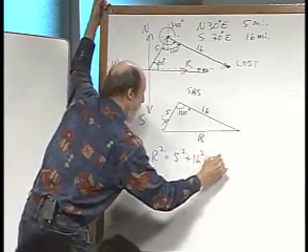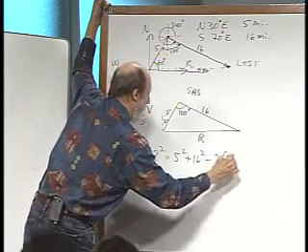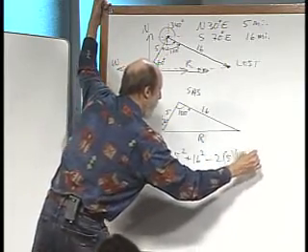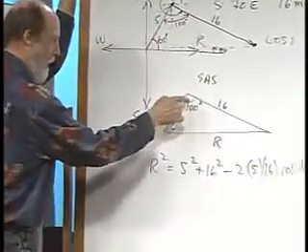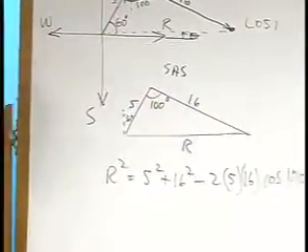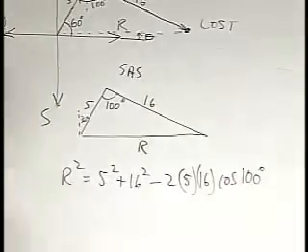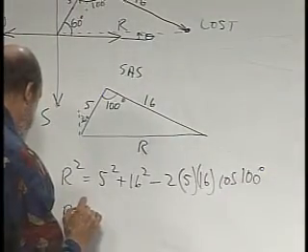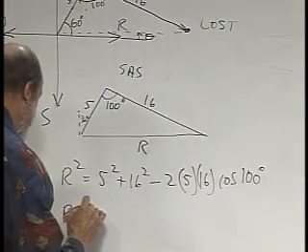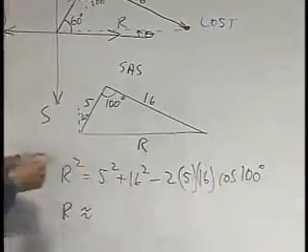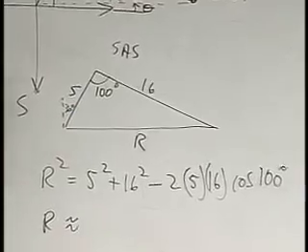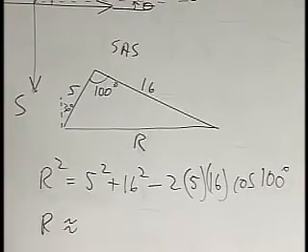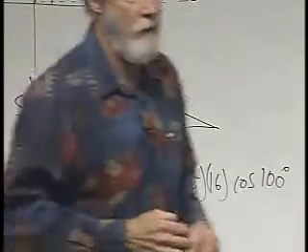And you subtract off twice the 5 times the 16 times the cosine of your 100 degrees. The opposite side's angle, vertex angle. Pop that into your calculator as a big square root. And come up with an answer.